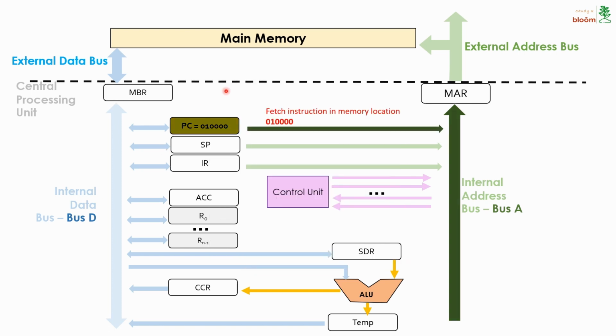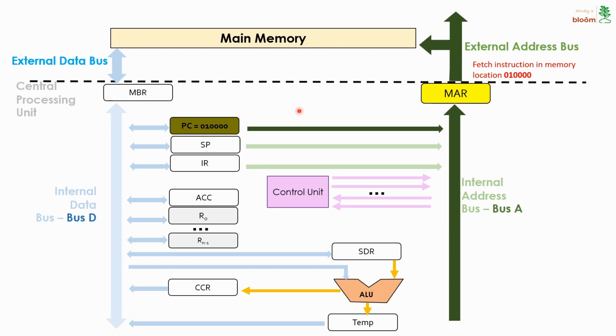Initially, the program counter has the address of the memory location of the next instruction to be executed. So it will have 1040 zeros. Now it will send this to MAR, memory address register, via the internal address buses to fetch the instruction.